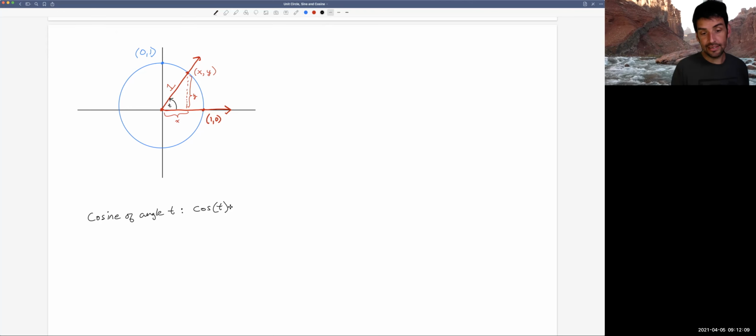So given an angle t, we define this function called cosine. Its input is an angle, and the output is the x-coordinate of the place where that angle's terminal side intersects the unit circle when that angle is placed in standard position on that circle. So it's a complicated set of instructions.